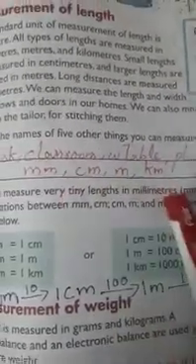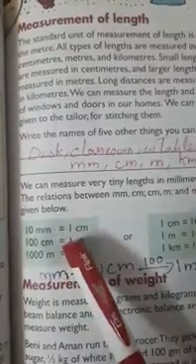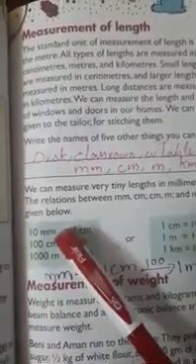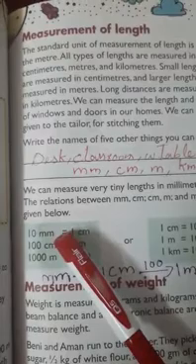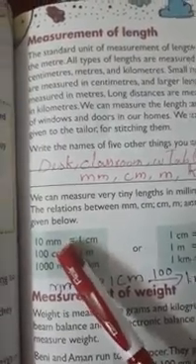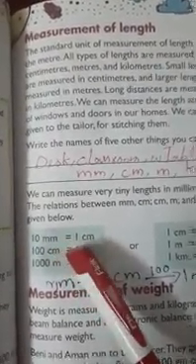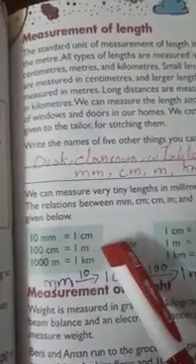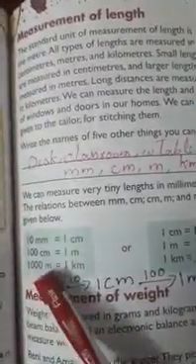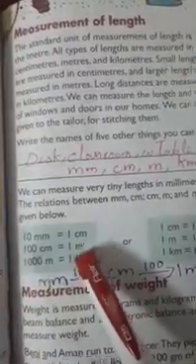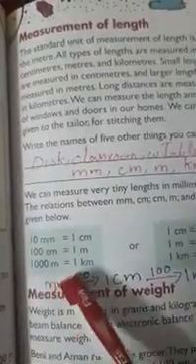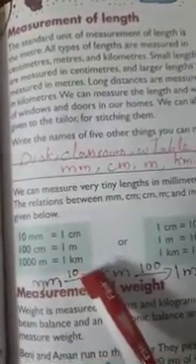So 10 millimeter is equal to 1 centimeter. Millimeter is the smallest unit. Then 100 centimeter is equal to 1 meter, and 1000 meters is equal to 1 kilometer.